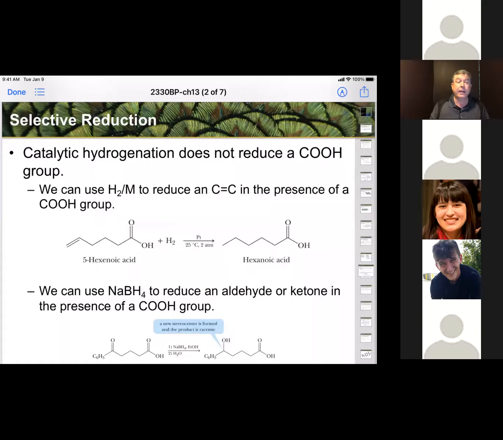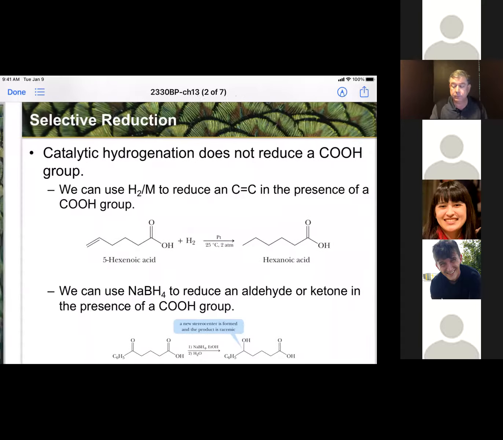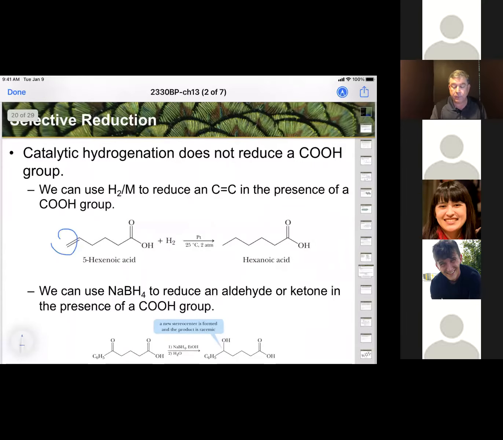It does not react with hydrogen and platinum or palladium. And so we can selectively reduce down our carbon-carbon double bond using that without touching our carboxylic acid. So we don't have to use the trick we used in the aldehyde or the ketone, turning it into an acetal to selectively reduce down. It is not reducible under these conditions, and we can just get rid of the carbon-carbon double bond.